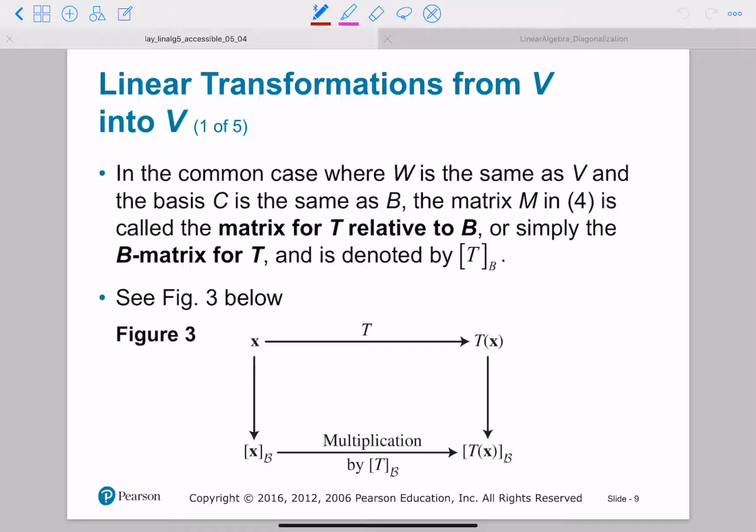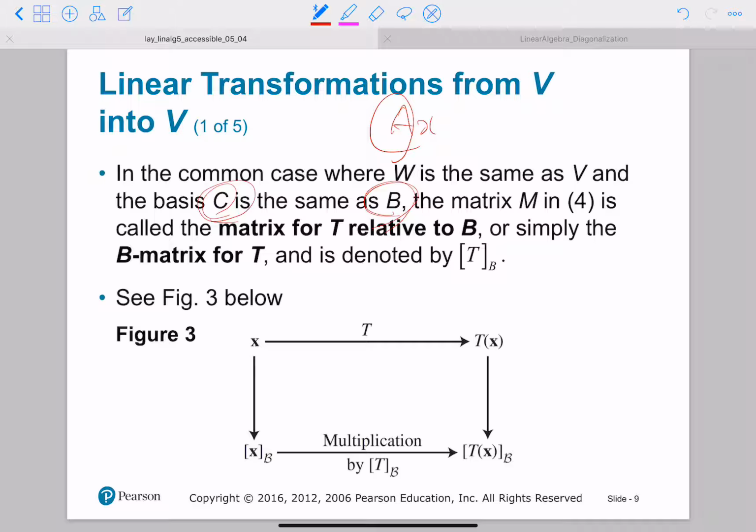Now we consider a special case, where the domain and the codomain have the same dimension, or our transformation T is represented as Ax, where A is a square matrix. That way the domain and the codomain have the same dimensions. Given this same-dimensional space, let's think of B and C as actually the same basis.